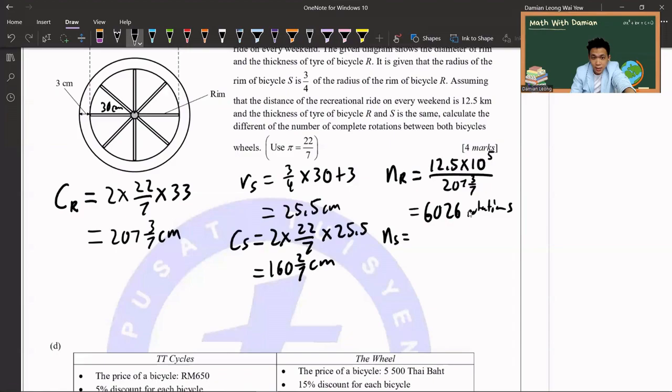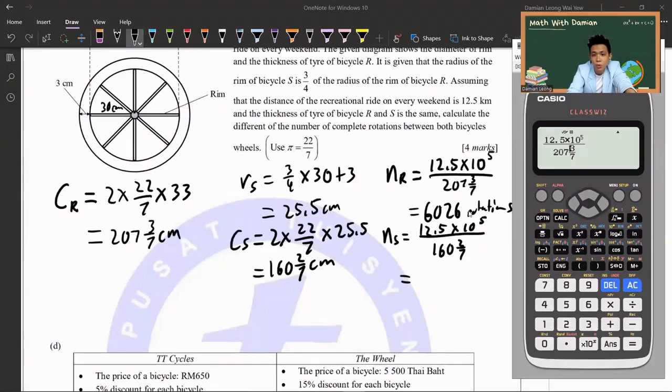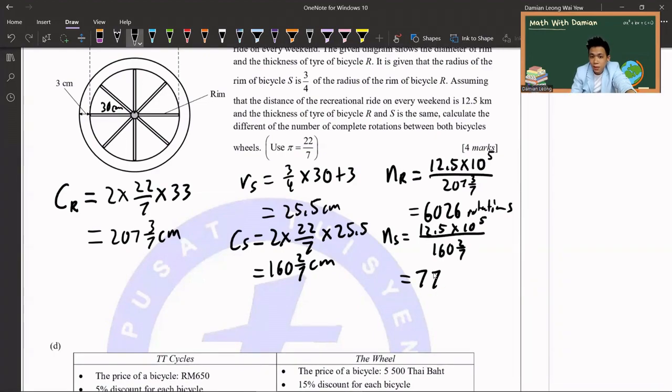For bicycle S, also 12.5 times 10 to the power 5, same distance. But this one, each rotation 1602/7. So let's change this to 1602/7, and I get 7,798 rotations.